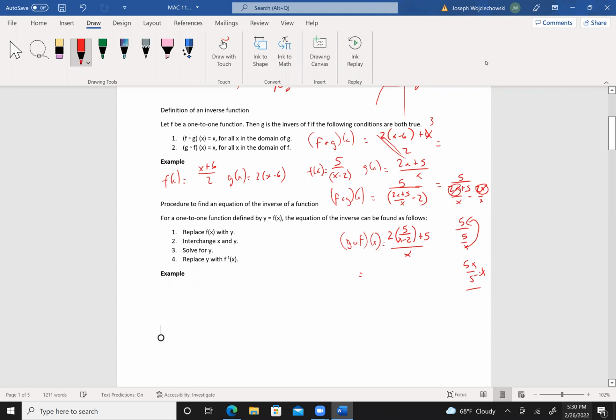So we have 10 over x minus 2. Go ahead and multiply 5 by x minus 2, which is 5x minus 10 over x minus 2, and this is all over x.